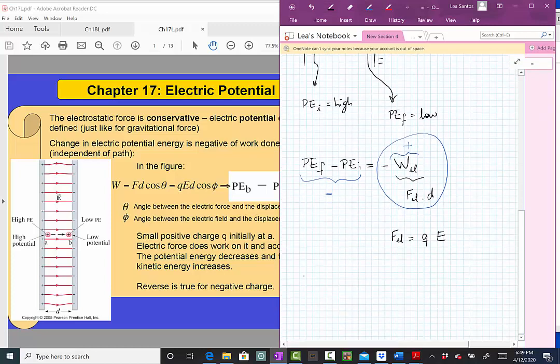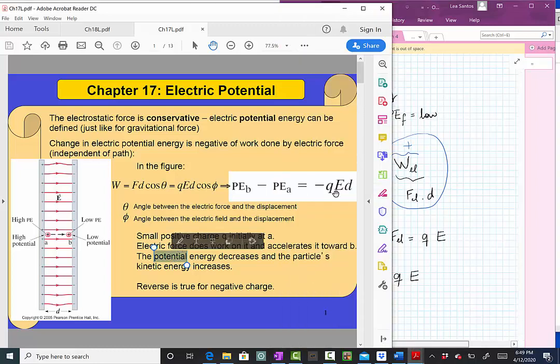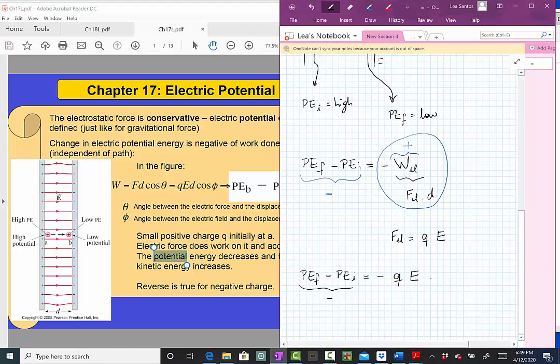Okay, so I can also write that the change in electric potential energy, final minus initial, which I know is a negative value because the particle is losing electric potential energy, can be written as equal to minus Q and E. Okay, which is what you see here. Oops, sorry, I forgot to put the d, right? QE is the force, and I forgot to put the d for the displacement, which is what you're seeing here. So what do we have on the right side?